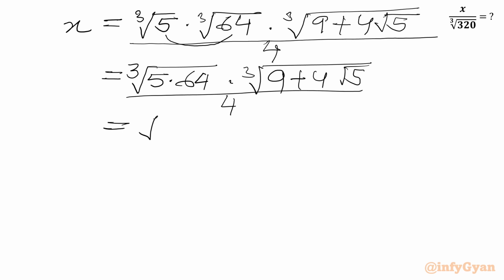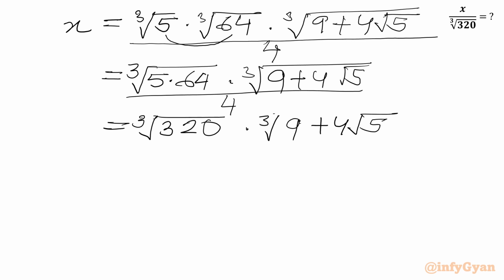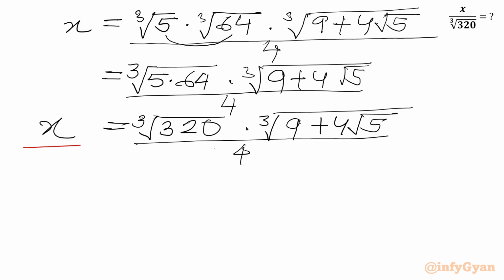Now we can write cube root of 320, since 5 times 64 is 320, times cube root of (9 plus 4 square root 5), over 4. This is x. Now I will divide both sides by cube root 320. So I will write here cube root 320 and here also we will multiply the denominator with cube root 320.